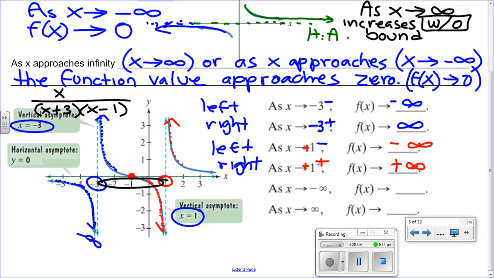So let's say x plus 1 here. So this plus 1 is giving me a shift of moving it 1 unit to the left. That's why instead of having that point at the origin, it shifted here.